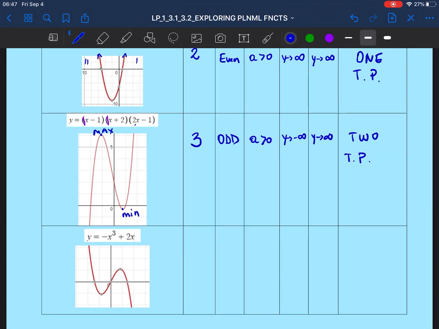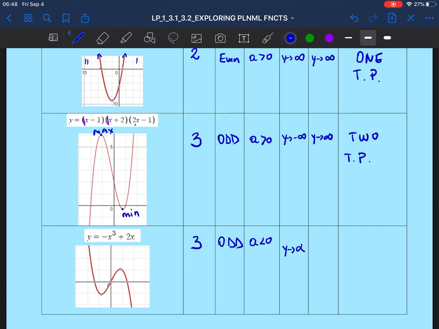In the next function, we have y equals negative x cubed plus 2x. We're going to say that this is a third degree function because the highest power we see here is 3, which is an odd number. And the leading coefficient this time is negative. As x approaches negative infinity, the y values are increasing.